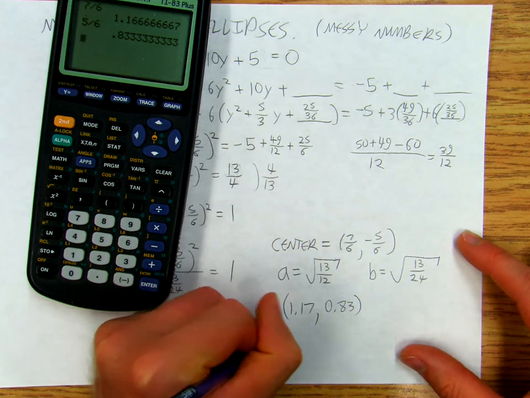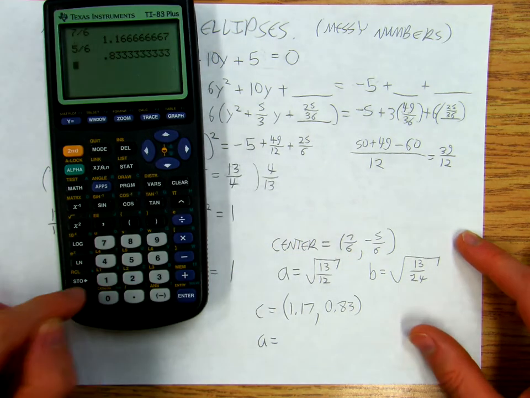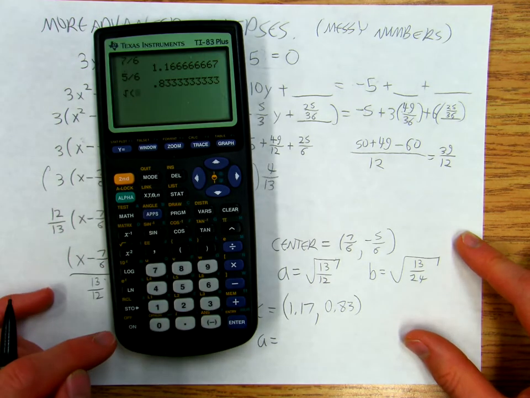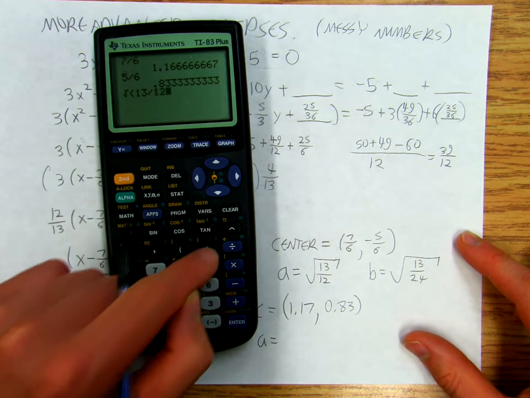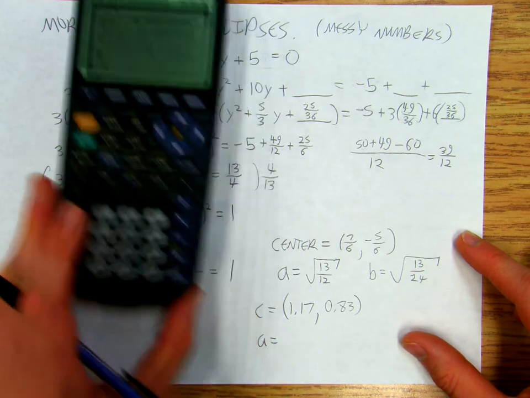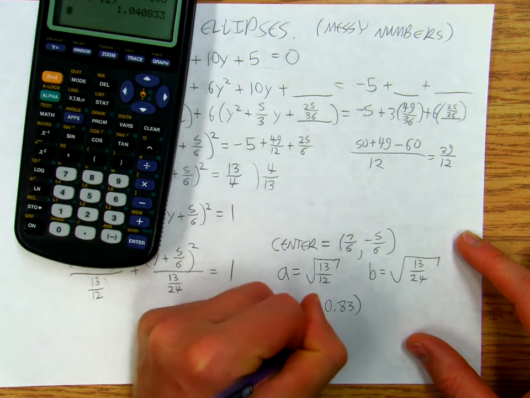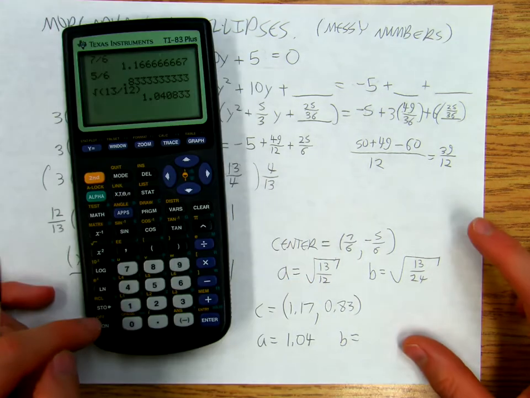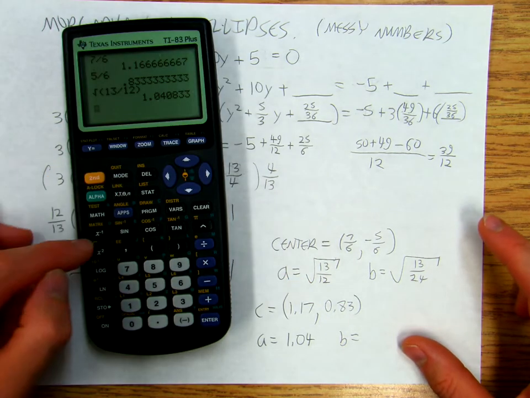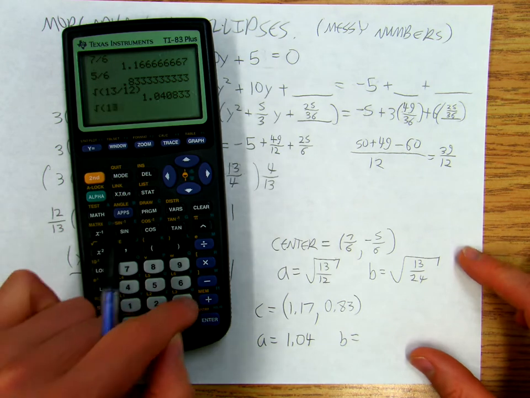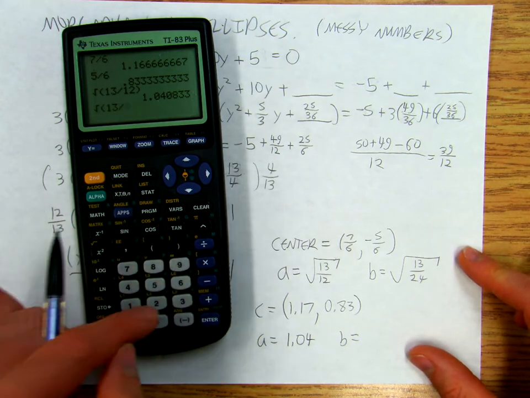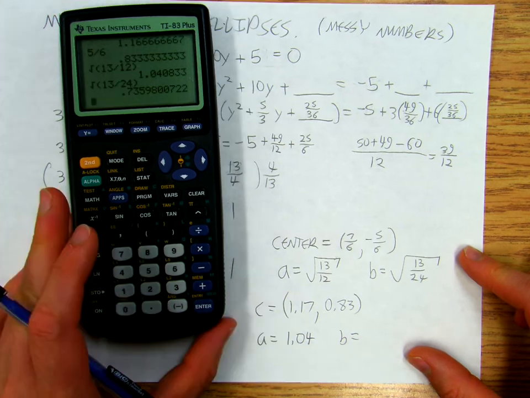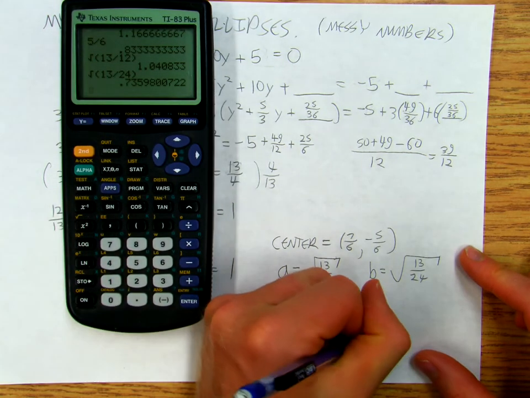And then A is equal to the square root of 13 divided by 12, which is 1.04, and B is equal to the square root of 13 divided by 24, and so that's 0.74.